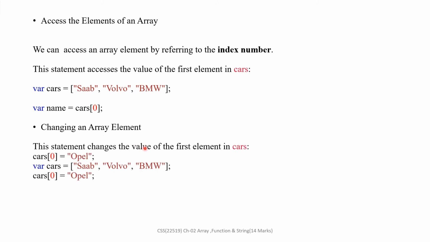This statement changes the value of the first element in the cars. In this method, we have to assign the element of the particular index number, or we have to assign the value for the index number which we want to change. Cars of 0th element is equal to Apple, where cars is equal to Saab, Volvo and BMW.